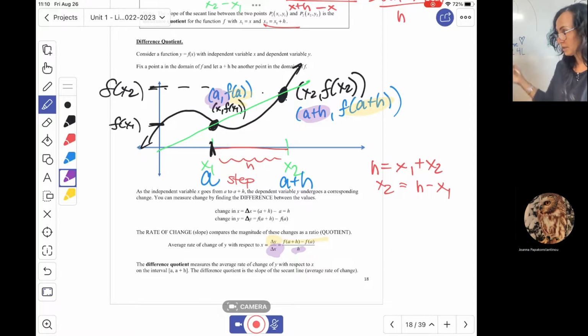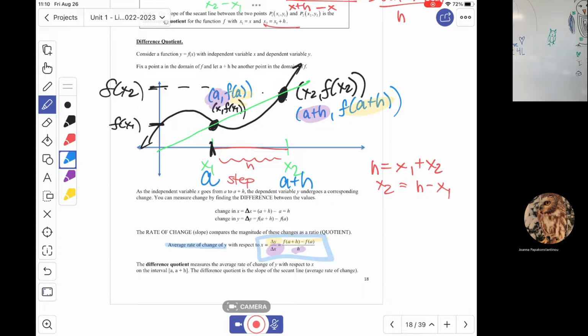A plus h minus a is just h. So when we refer to the average rate of change, it is just your slope formula, but you have to understand, number one, it's not the slope of a tangent line, it's the slope of a secant line, and it can change depending on what 2 points you are on the graph.